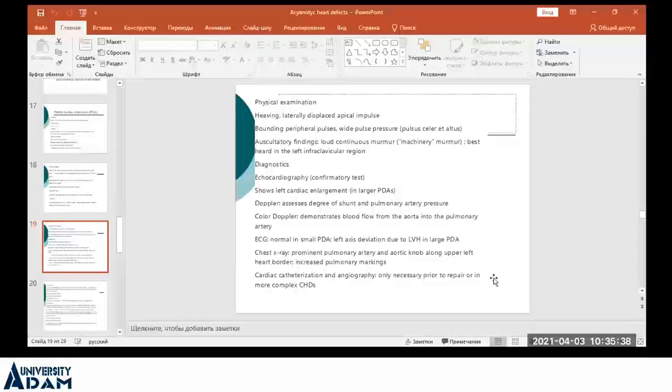Chest X-ray: prominent pulmonary artery and aortic knob along the upper left heart border, and increased pulmonary markings. Cardiac catheterization and angiography are only necessary prior to repair or in more complex congenital heart defects.